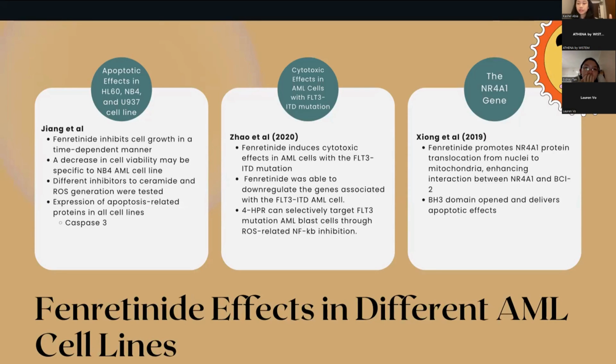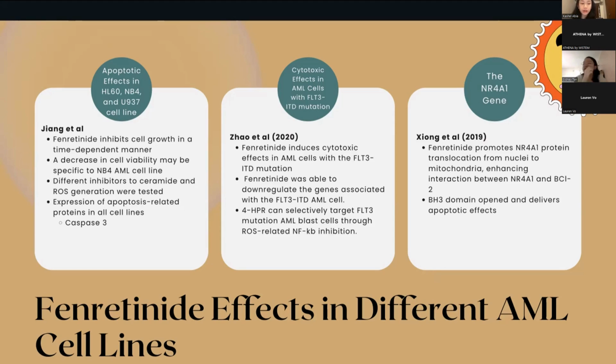Here we found that despite fenretinide being able to inhibit growth in all HL60, NB4, and UN37 cell lines in a time-dependent manner, the NB4 cell line declines in cell viability at a much faster rate.